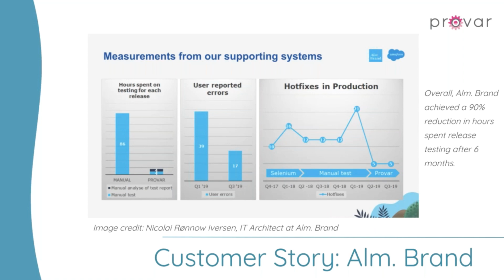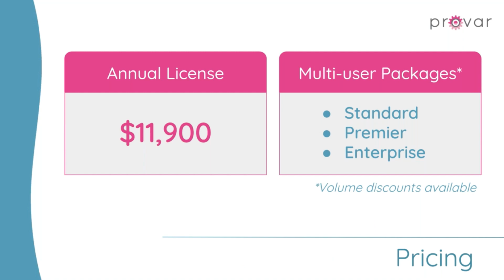So as we move forward, everybody's obvious question at this point is, well, how much does it cost? Our annual license is $11,900 for a single license, but we do have multi-user packages available, 3 different tiers: standard, premier, and enterprise, that include volume discounts based on the number of licenses you're looking for.